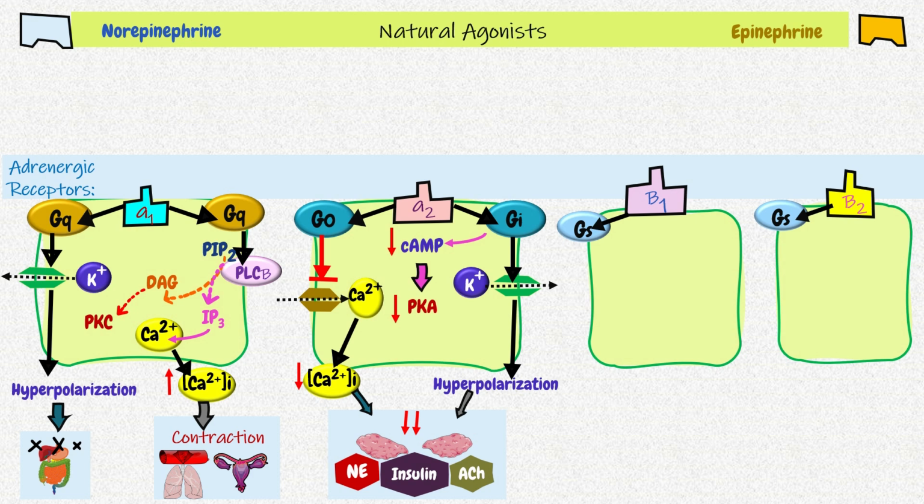All beta adrenoceptors are coupled with Gs protein and release cAMP as a second messenger. cAMP then activates protein kinase A, which phosphorylates different proteins depending on the target cell type. Norepinephrine and epinephrine work through beta-1 adrenoceptors to open L-type calcium channels through cAMP and PKA in cardiac cell membranes.